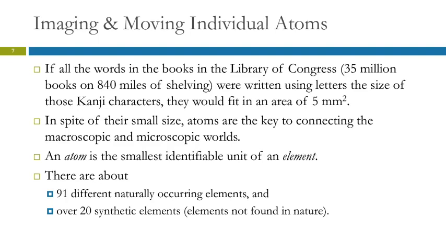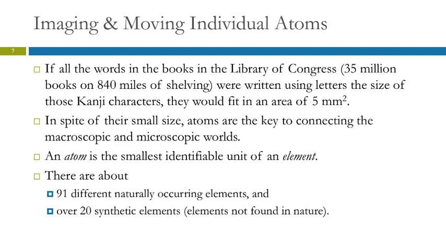But they are the key to connecting the macroscopic and the microscopic world. Macroscopic meaning what we can see with our eyes, microscopic being things that are too small. So, an atom is the smallest identifiable unit of an element. There are about 91 different naturally occurring elements, and then there's a bunch more that have been made.